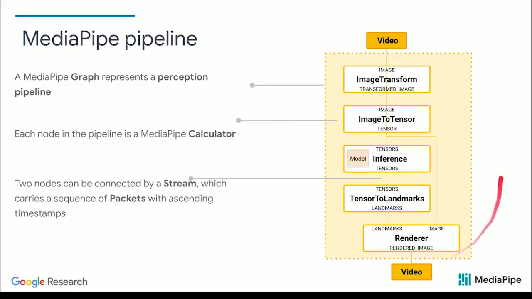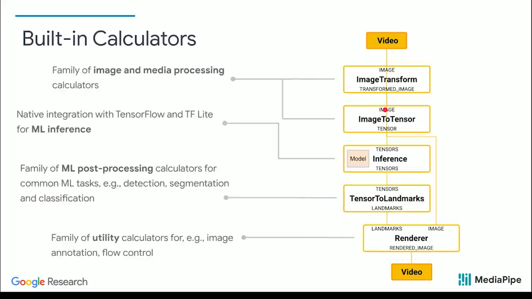All of this is abstracted in a MediaPipe pipeline. We also call this a MediaPipe graph. Each of these nodes we call calculators, and calculators are connected with a stream where packets are flowing from the output of one calculator to the input of another calculator.